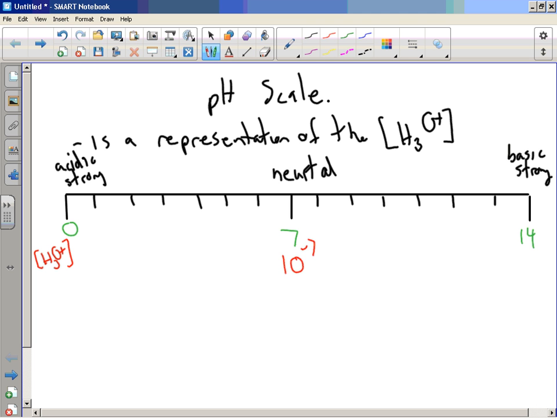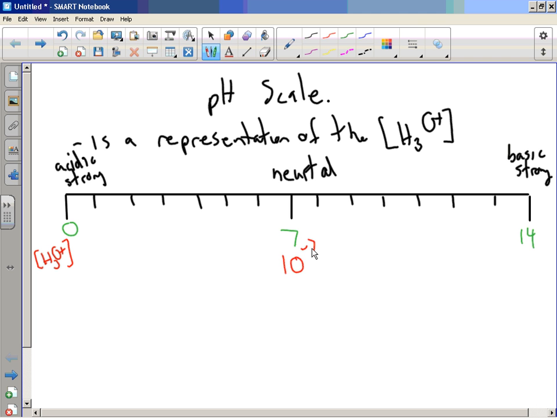All right? And these two 7s right here are not a coincidence. Actually, it is this 7 in the exponent that is the pH.